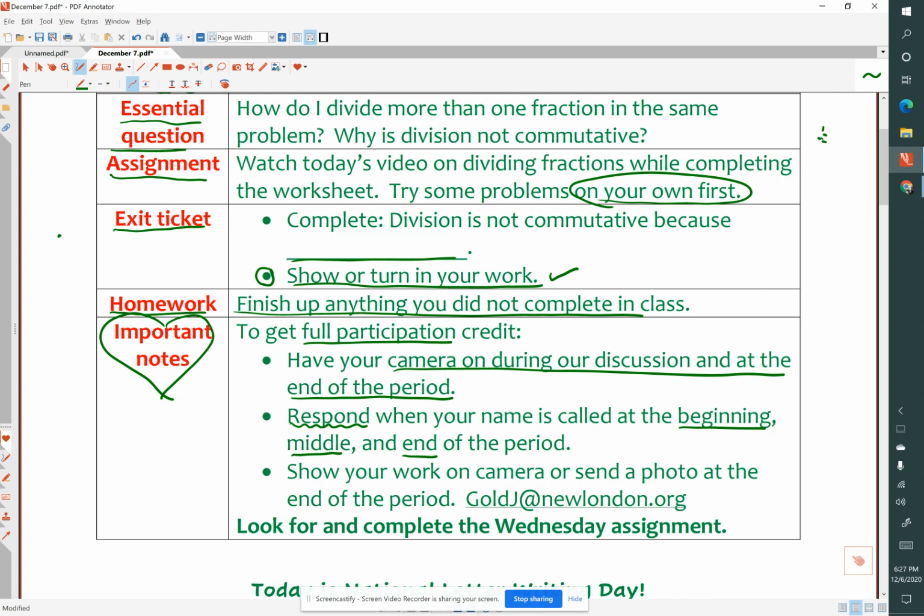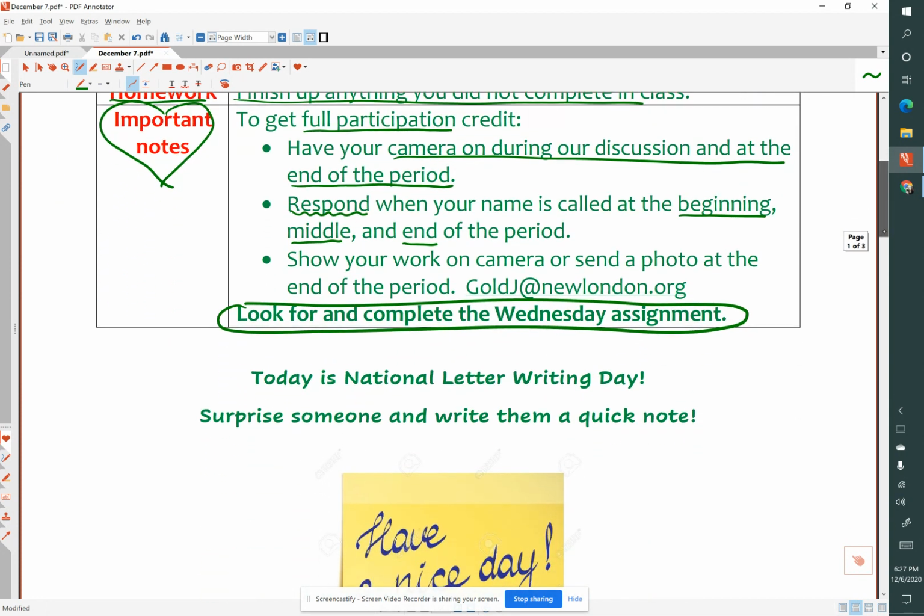I prefer your voice. Show your work on camera, or if you're having a problem with that, send a photo to my email at the end of the period. And also on Wednesdays, always look for and complete your Wednesday assignment. So check PowerSchool and make sure your assignments are all done.